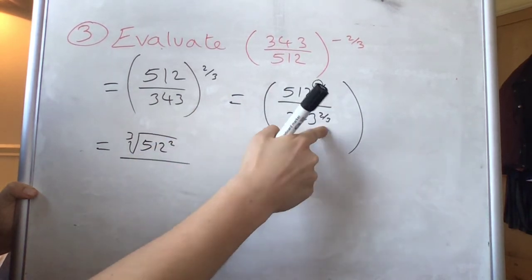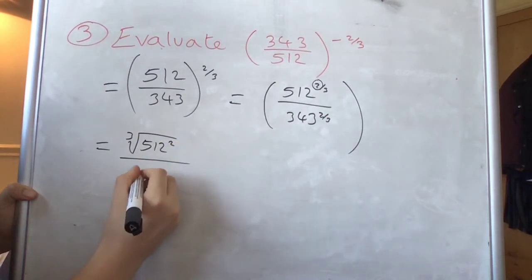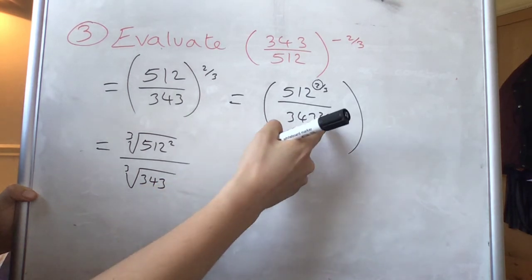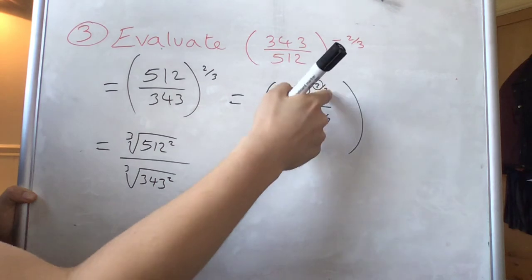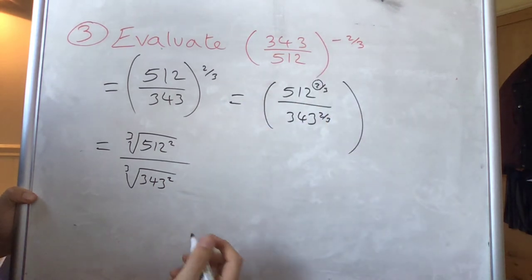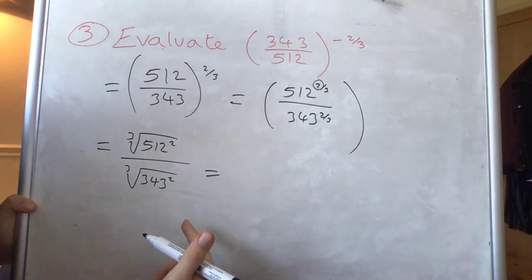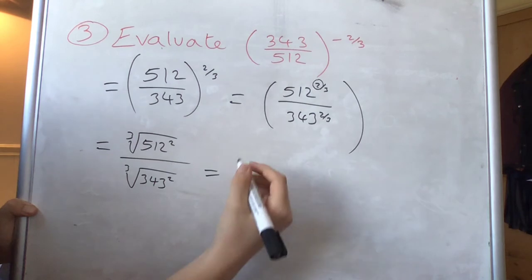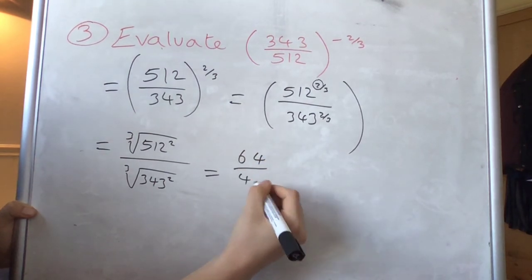And we've got the same power in the denominator here, so we need to find the cube root of 343, also to the second power, because we've got the same exponent in both the numerator and the denominator. You can then plug those into your calculator exactly as I've written it down here, and you should get a final answer of 64 over 49.